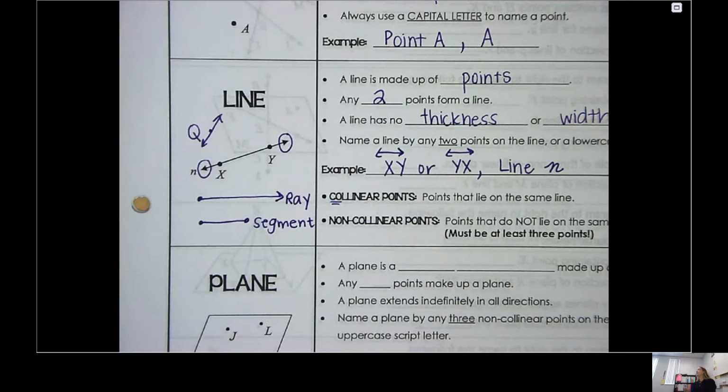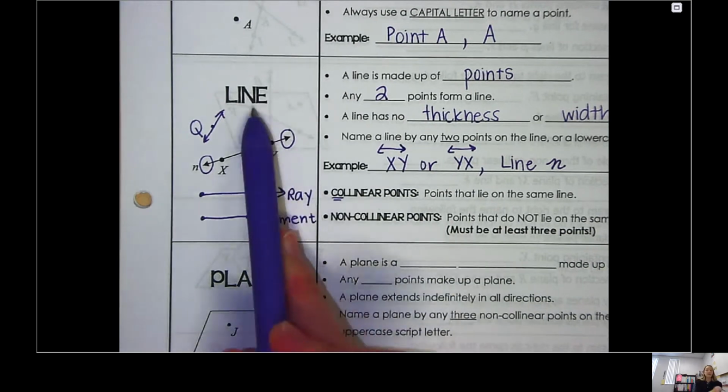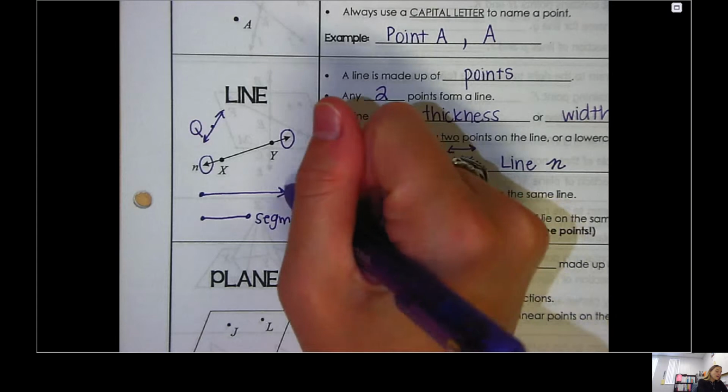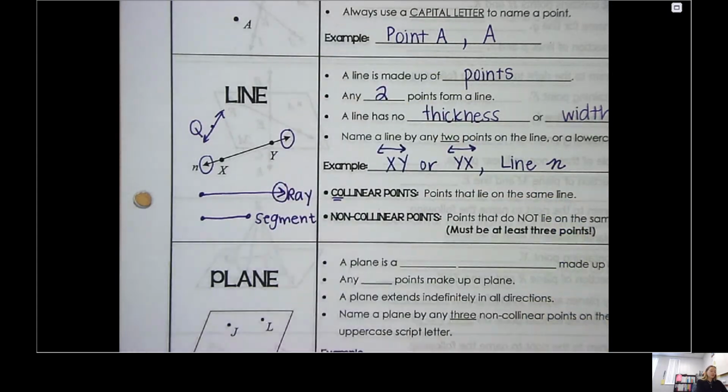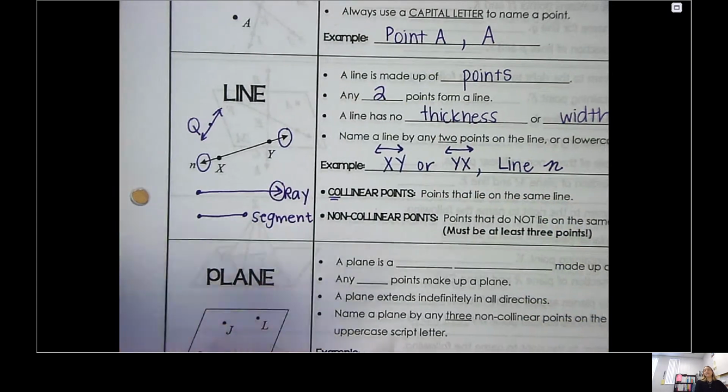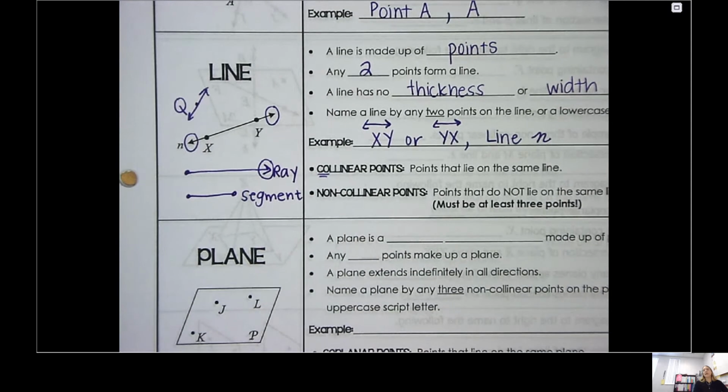So they all look like lines, but they're different types based on their arrows. So 2 arrows makes it a line. 1 arrow makes it a ray. No arrows makes it a segment. So 3 different types of lines that you're going to see.